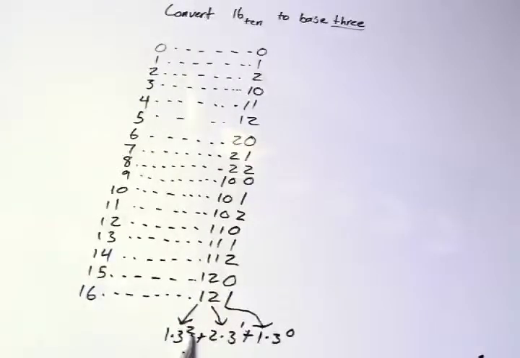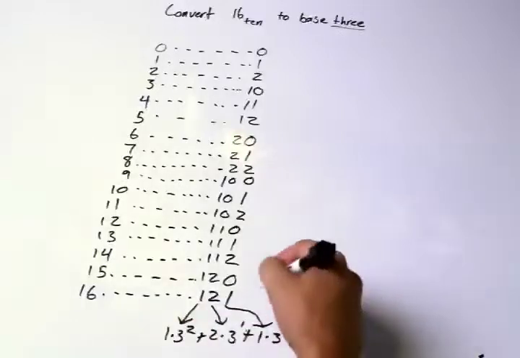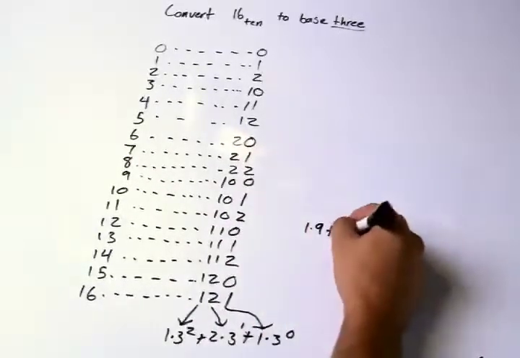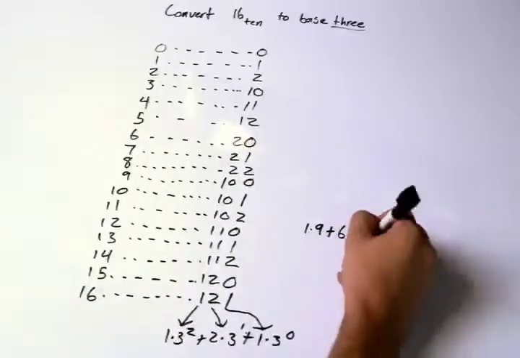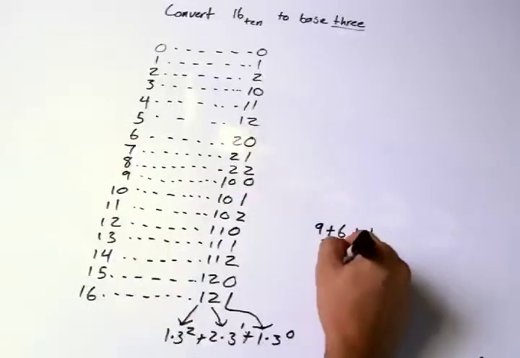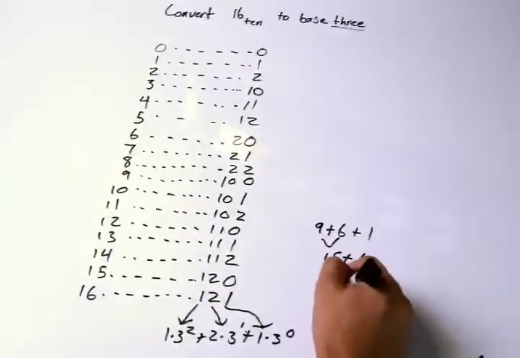I have 1 group of 3 squared, and 2 groups of 3, and 1 group of 1, which if you were to simplify, you would have 1 times 9 plus 6 plus 1, which would give you 15 and 1, which does give you the 16.